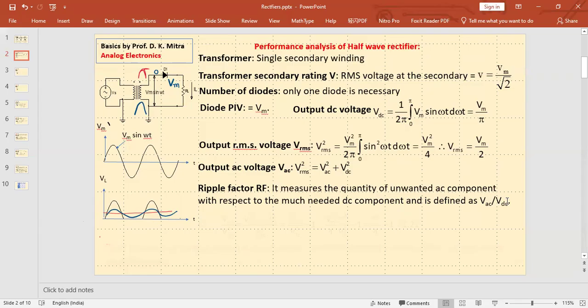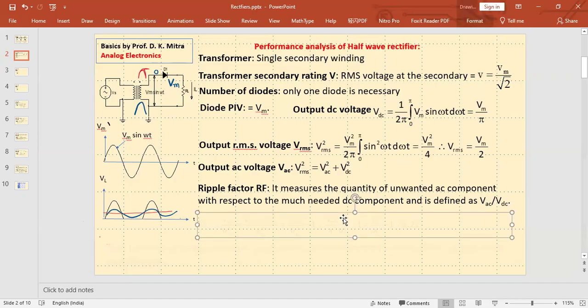The purpose of the rectifier is to get DC. Suppose you get a DC voltage of 10 volts, but along with that, you get an AC voltage of 1 volt, which is unwanted and undesired. So the ratio is 0.1 or 10%. So the ripple factor is then 0.1. And obviously, the ripple factor should always be low, because we do not want the AC component.